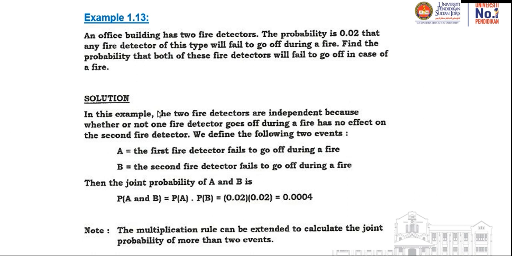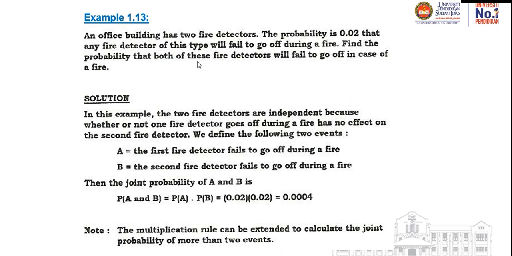Only the room where the smoke or the fire happens will detect the fire, and for example the bell will ring, so it will not affect the room which actually doesn't have the fire. So the nature of the fire detector is independent for this case.